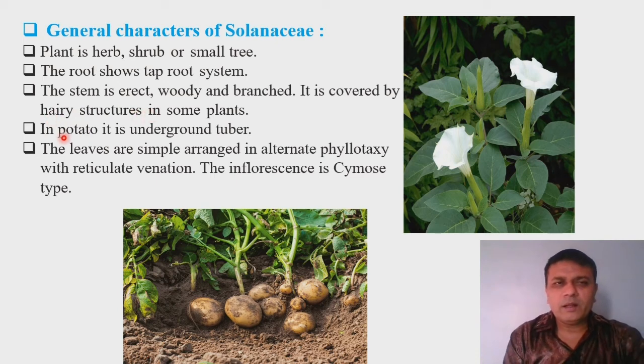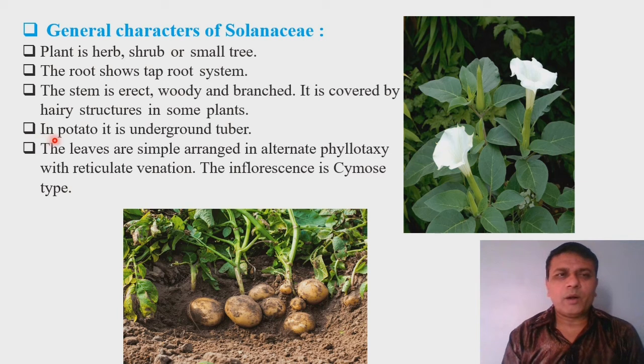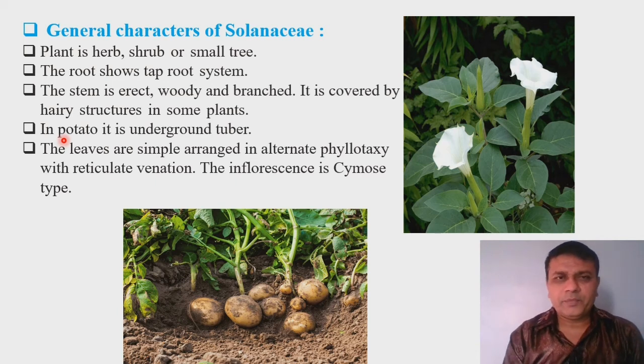Then one of the examples of family Solanaceae is potato. Now you are all familiar with potato. Potato is the underground modification of stem. Here in this diagram we can see the potatoes.